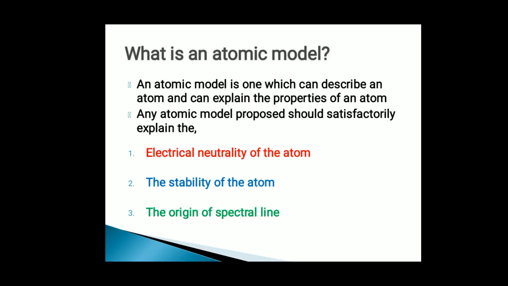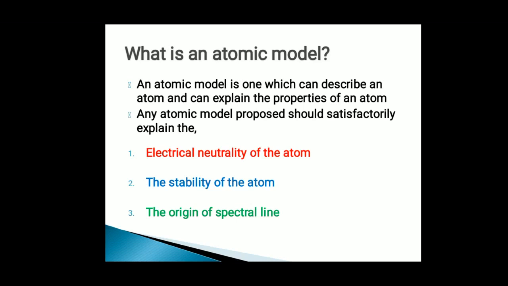So after knowing the subatomic particles with their charges, different atomic models were proposed to explain the distribution of these charged particles in an atom. How are these subatomic particles distributed in an atom? To explain this, different atomic models were proposed.